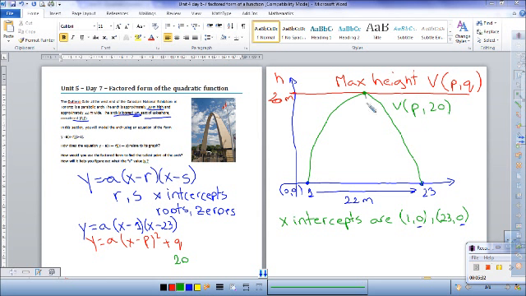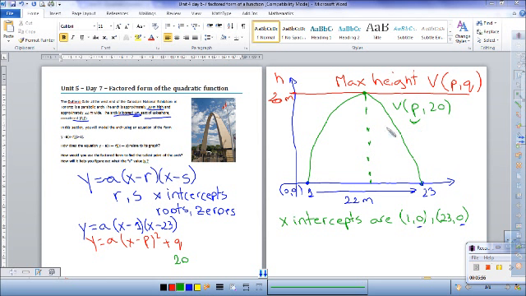I apologize for the lack of symmetry in my drawing. I'm not the best freehand drawer, but we know that the parabola is symmetrical. Whatever I have on the left side, I will have on the right side. And the axis of symmetry was given by the x value in that vertex form, by the P.